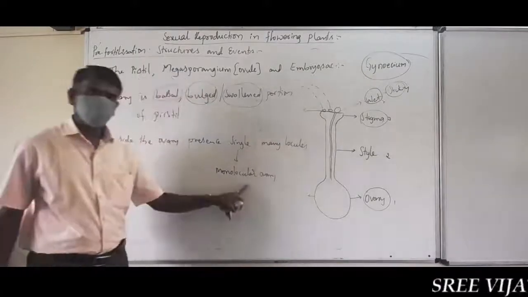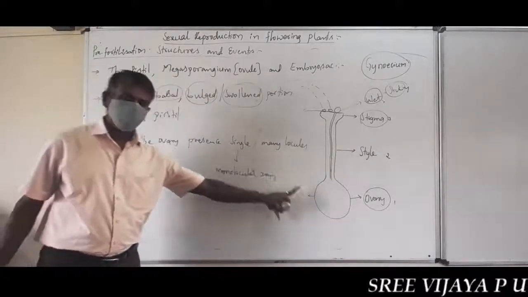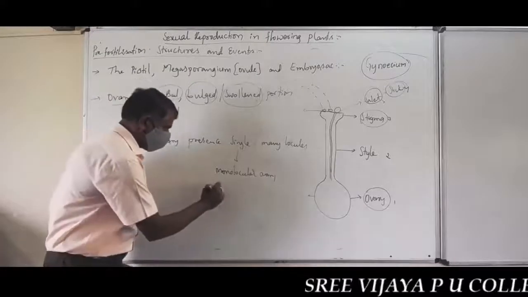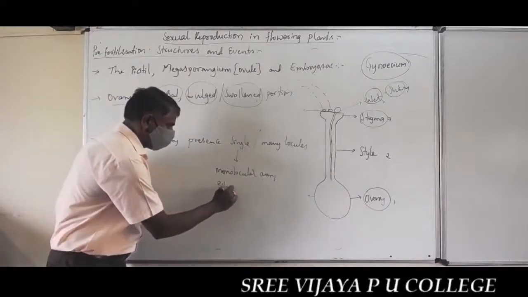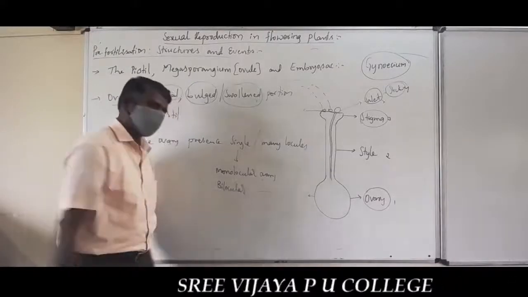If the ovary consists of two locules, that is what we call a bilocular ovary.